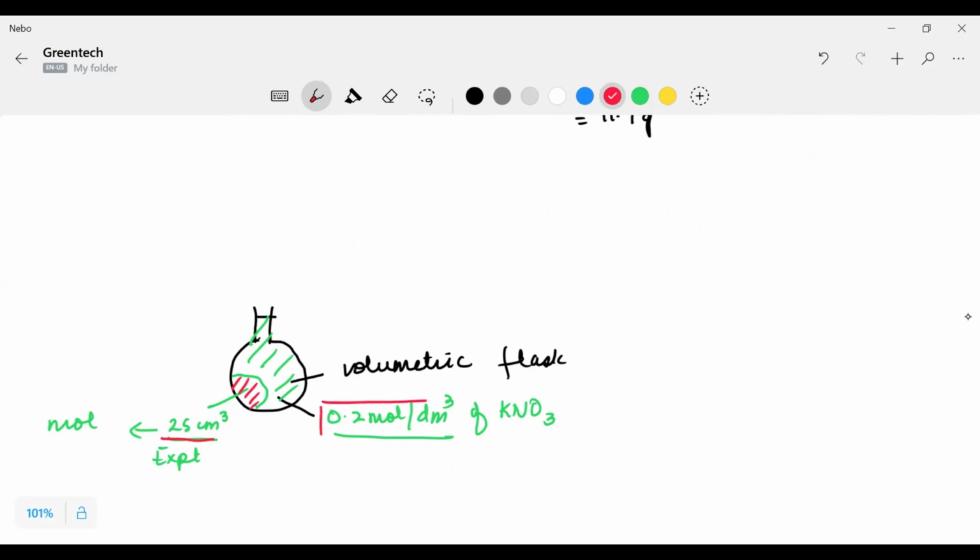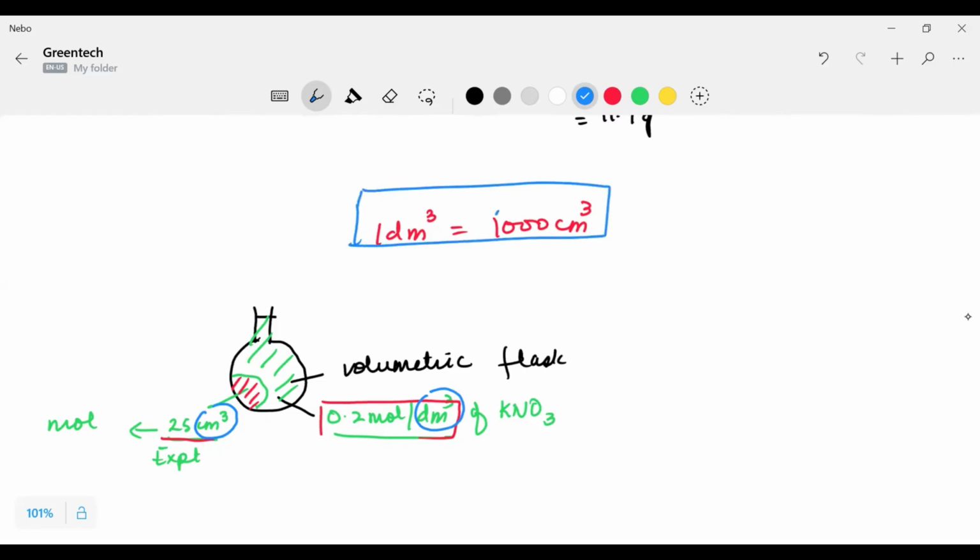Now, this concentration, I can elaborate. I already told you that 1 dm cube is equal to 1000 cm cube. Agreed? Right? Look here, there is a mismatch in the volume. Here I'm talking about cm cube, and here they have given us a concentration in dm cube. So it's better we convert them into the same unit. I'll convert the dm cube into cm cube, then both volumes will be in cm cube.